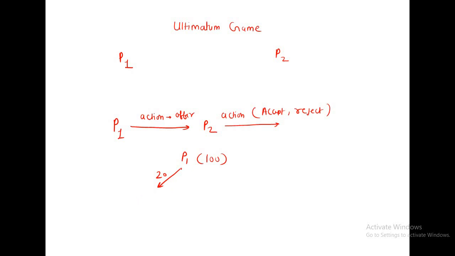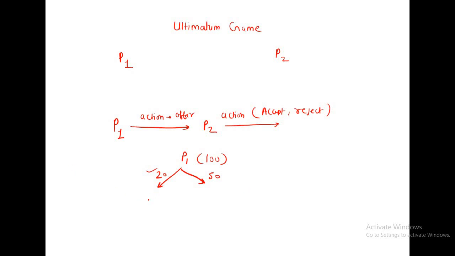What can be the other way? Here he is offering 50 coins to player 2. So the first is the greedy approach, which is why player 1 has offered fewer coins and the remaining will be of P1. Here player 1 is offering 50 coins to P2 and the remaining will be of P1.